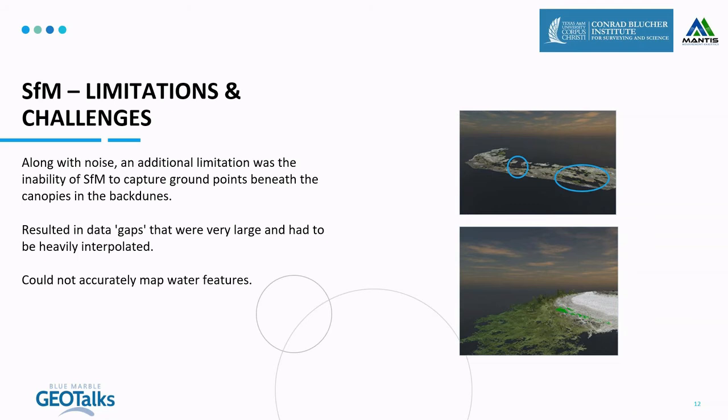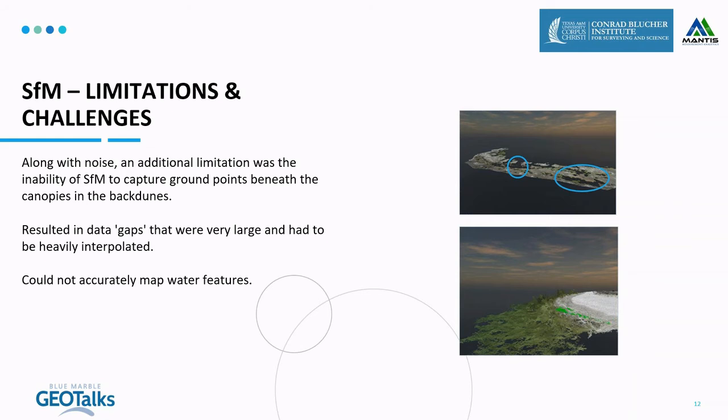Most laser sensors now are multi-return, meaning if they come into contact with the canopy, they might return that pulse and then continue to penetrate down until they eventually reach the ground. However, structure from motion relies on unique features, so unless you're capturing the ground below the canopy from multiple images, it won't be able to identify or map ground features.